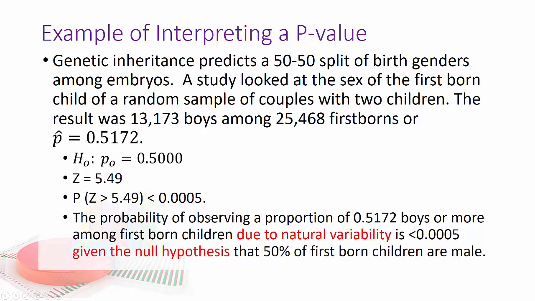The probability of observing a proportion of 0.5172 boys or more among firstborn children due to natural variability is 0.0005. It's less than that. All right, given the null hypothesis that 50% of the firstborn children are male. So we're going to reject the null in this case.